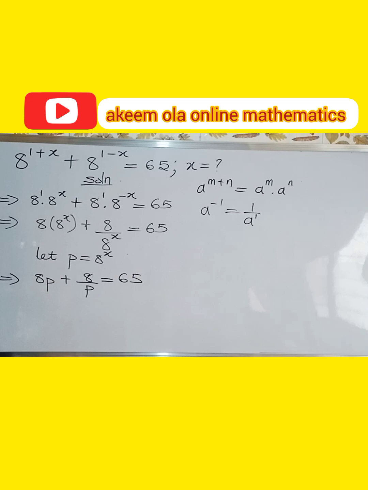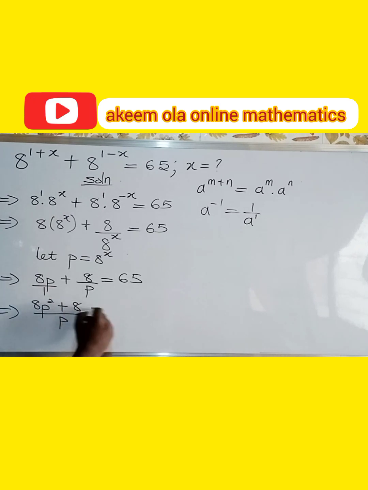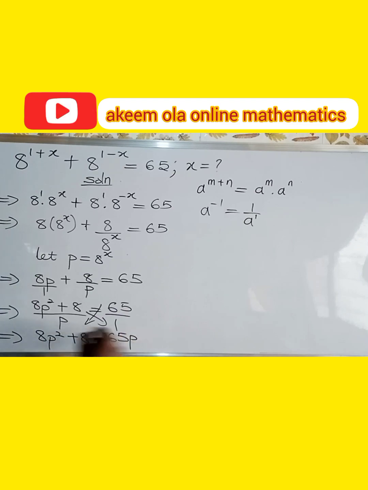Then here, I can now add the fractions. The LCM is p, so this will give us 8p squared plus 8 all over p, equal to 65. From here, I can cross multiply. I will have 8p squared plus 8 is equal to 65p.